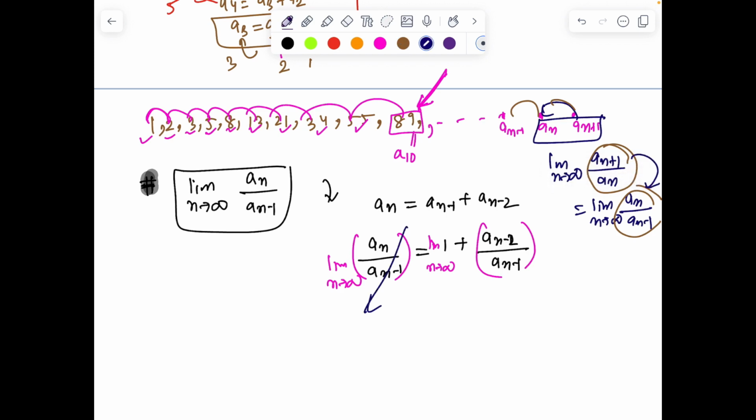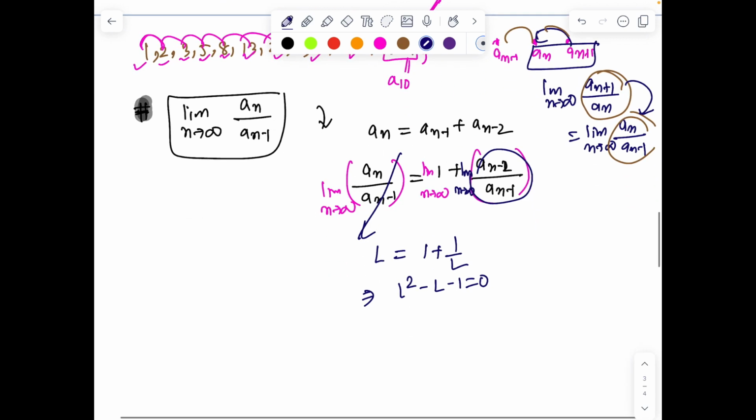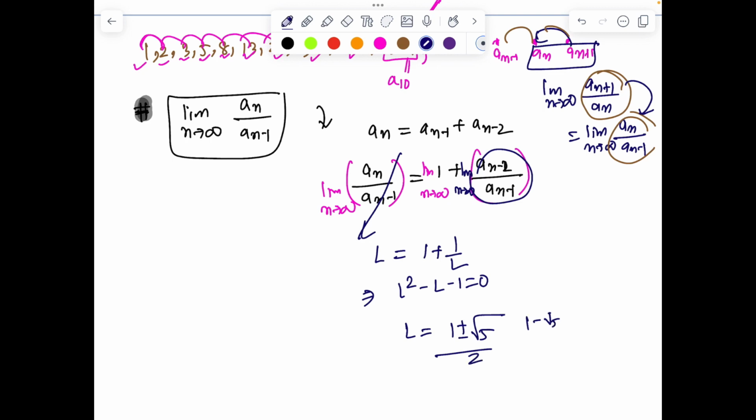So using that concept, let's suppose this converges to limit L, then 1 by L is the reciprocal of L, and by addition of limits I can distribute the limit because both exist. So that gives me L square minus L minus 1 is 0. So what is L? It is 1 plus minus root 5 by 2. Clearly this ratio is not negative, so the final answer is 1 plus root 5 by 2.